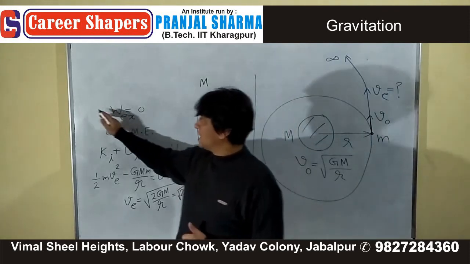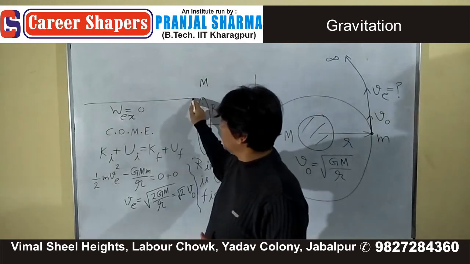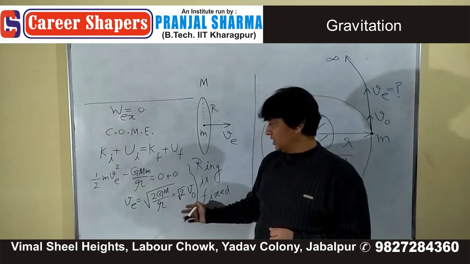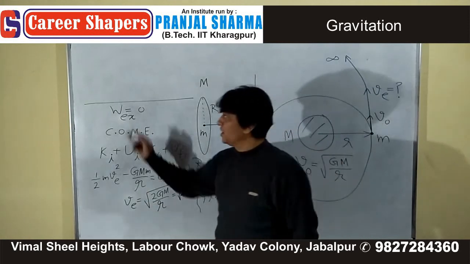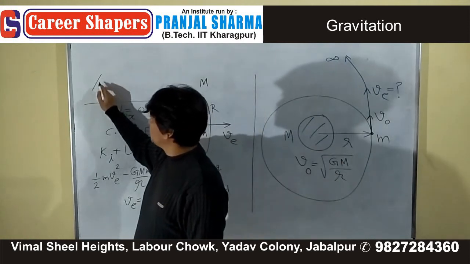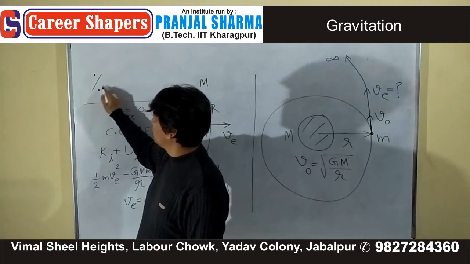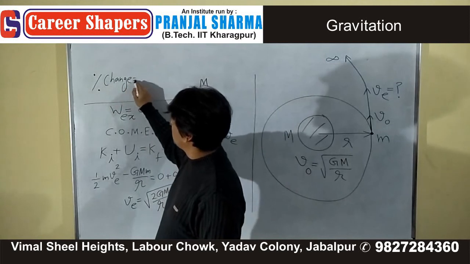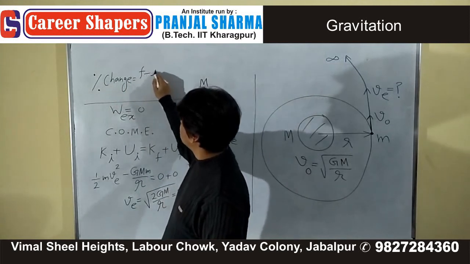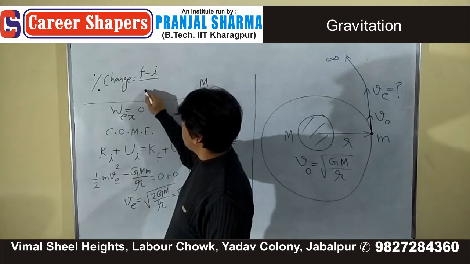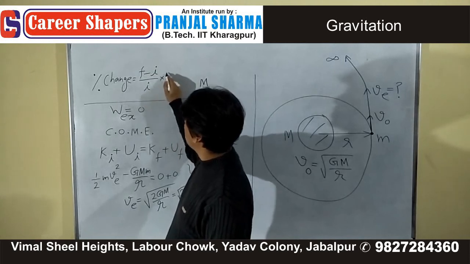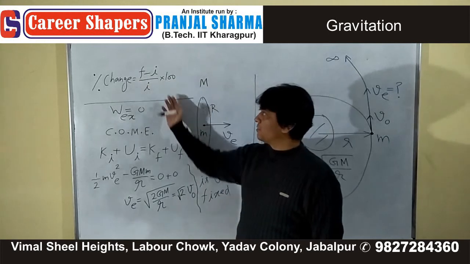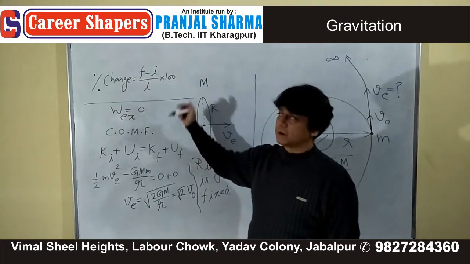So, you found the value of escape velocity. For percentage change, always remember a simple formula. And this formula is what? Final minus initial divided by initial into 100. Final quantity minus initial quantity divided by initial quantity into 100.